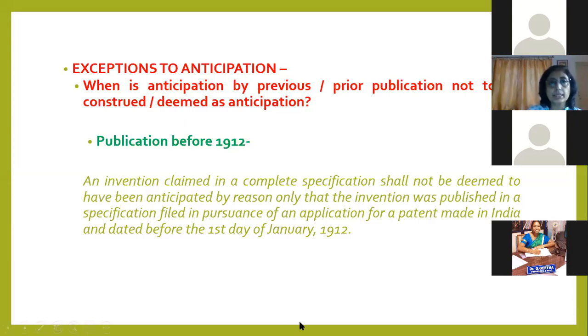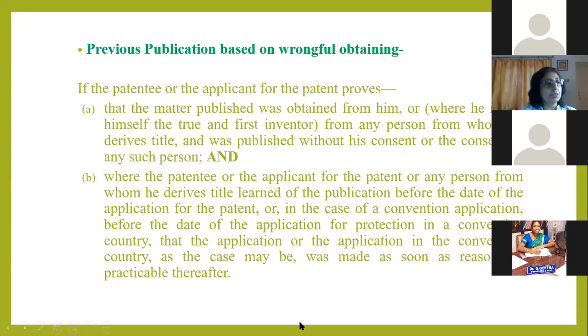Now the next is that the previous publication is based on wrongful obtaining. Now wrongful obtaining, you might be knowing, is also a ground for opposition and revocation. Here, of course, in opposition and revocation, the ground is used by the person on the other side, and here it is in favor of the applicant.